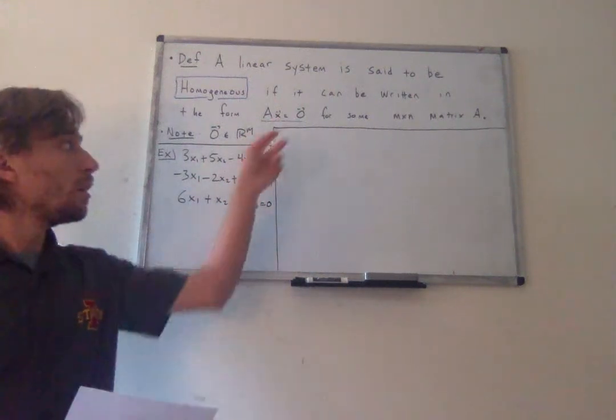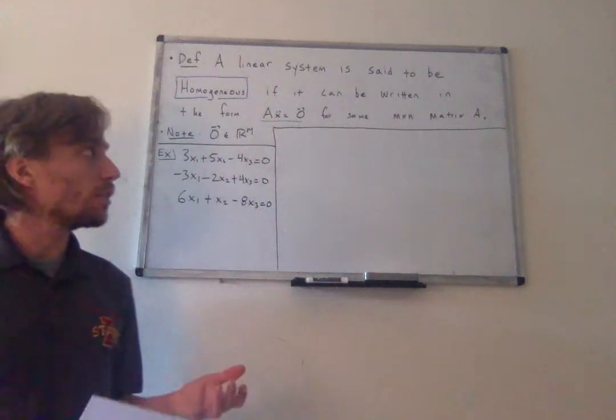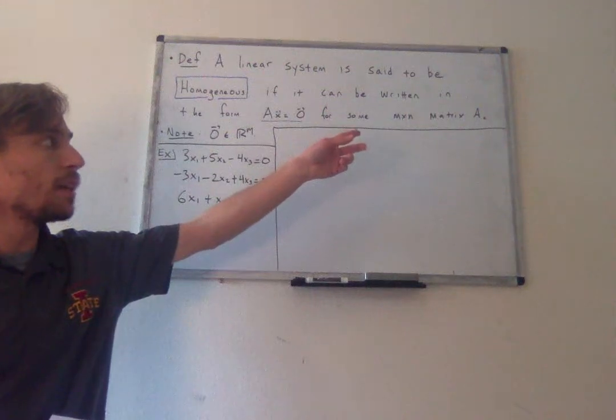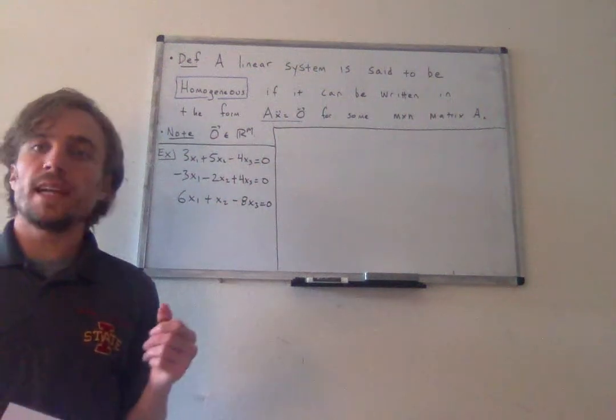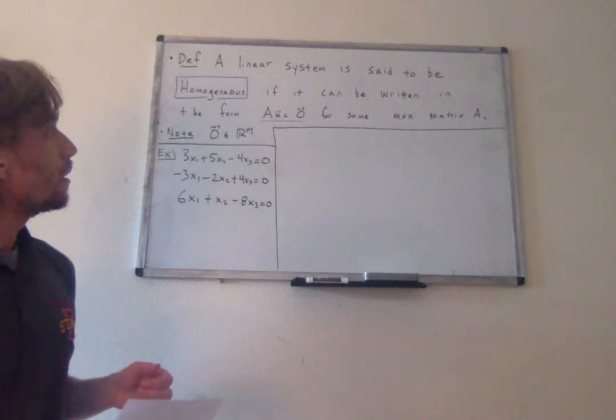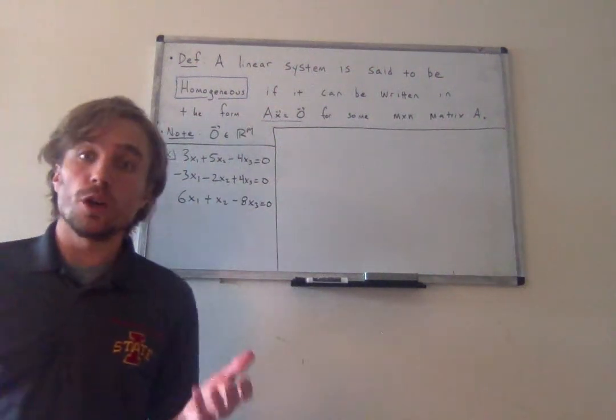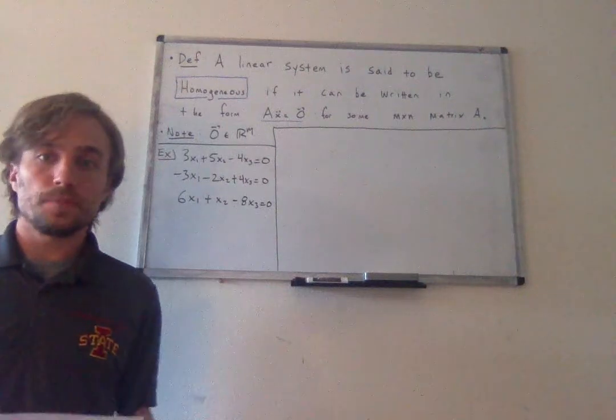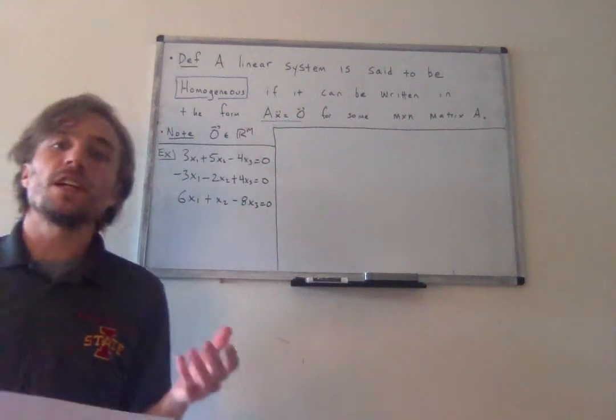But notice here, we're just setting it equal to the 0 vector. Here A is an m by n matrix. Since A has m rows, 0 will be a vector in R^m, and notice x will be a vector in R^n.